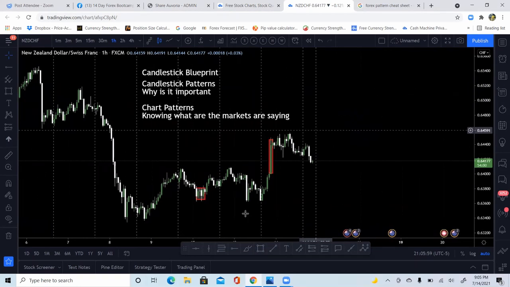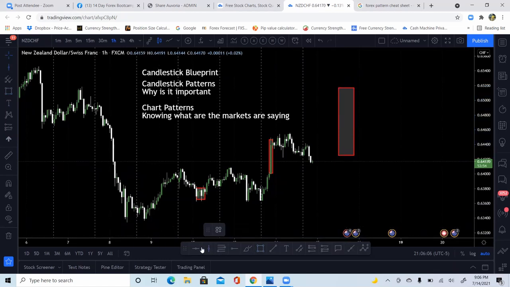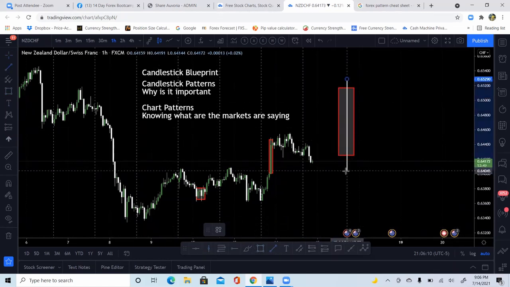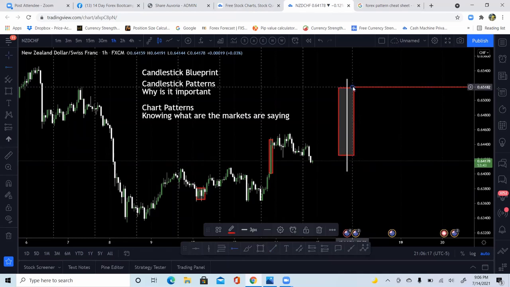So we went over yesterday, just to recap, the anatomy of one candle, right? So this is a downward candle. And you would see that on a downward candle, the open of the candle is at the top.